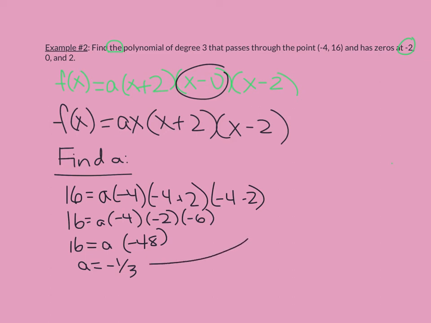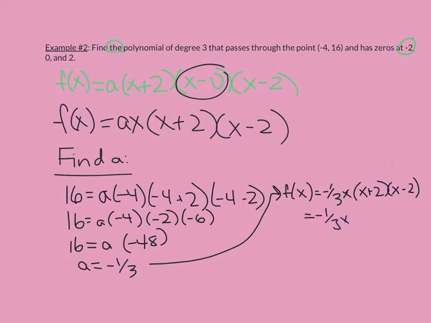So now that I found that, I am going to rewrite this as f of x is equal to -1/3 x times x plus 2 times x minus 2. Thankfully, if I want to simplify it out, which we're going to do, it's not really that bad.